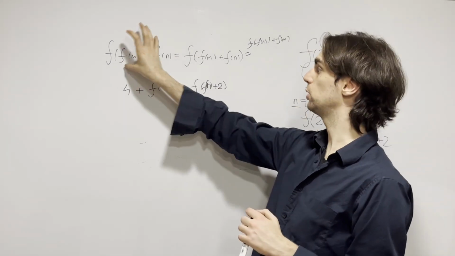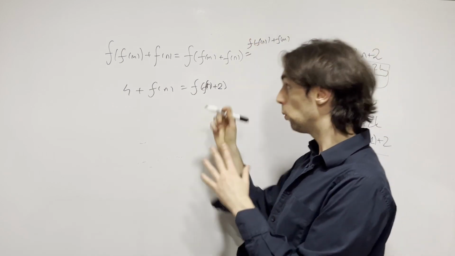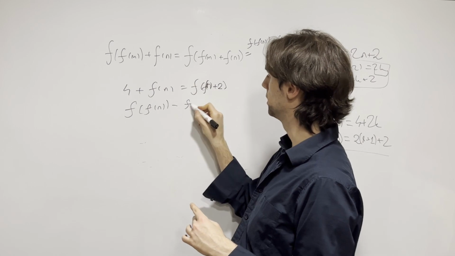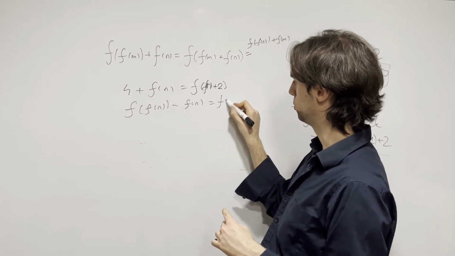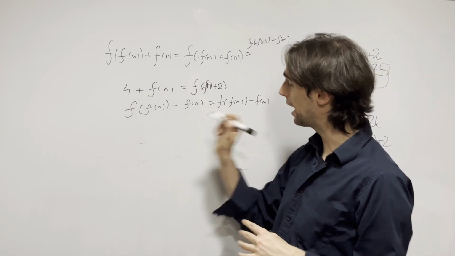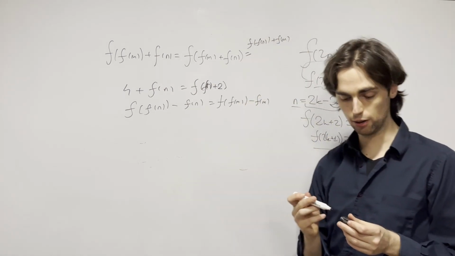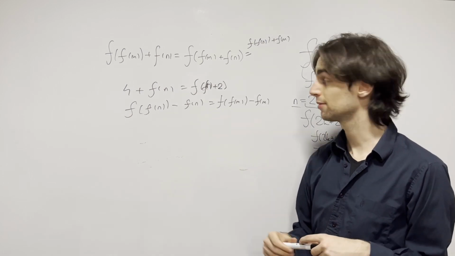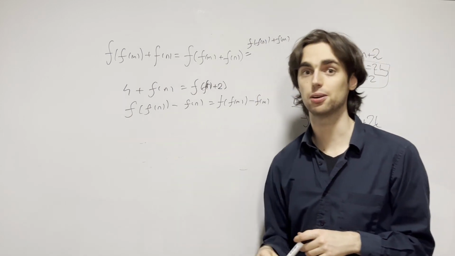And now what does this equality give us? Well, it gives us that f of n minus f of n is equal to f of m minus f of m for every single pair of integers m and n. What do we know from here?